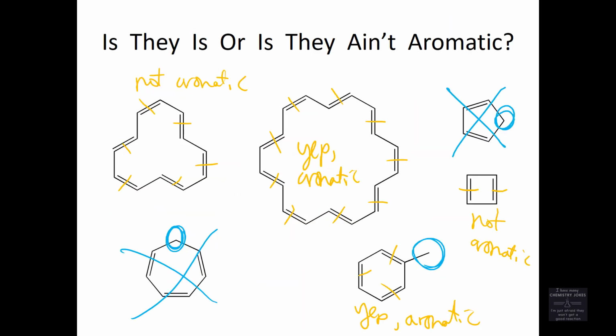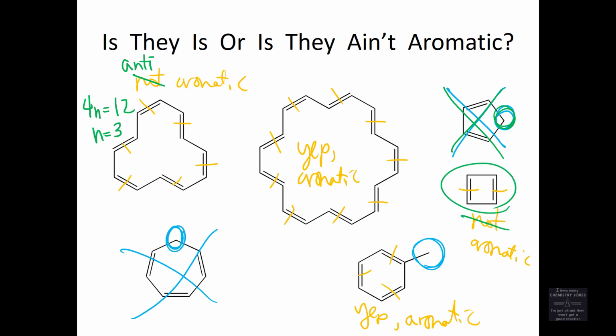We labeled this first one not aromatic. Should we have labeled it anti-aromatic? Yes. Because 4n equals 12, n equals 3, that's an integer, it's anti-aromatic. The blue crossed out one is still blue crossed out because you have to have sp2 and sp carbons. That's sp3.